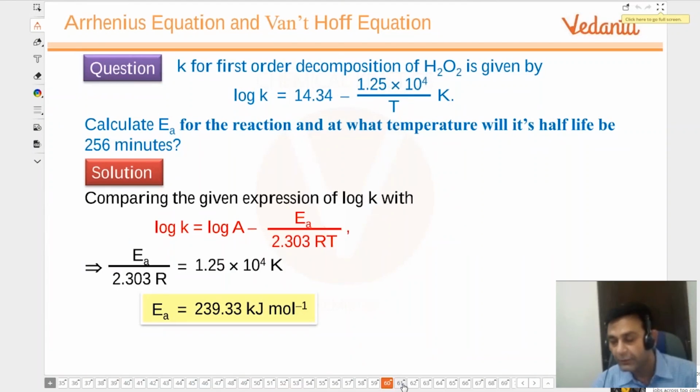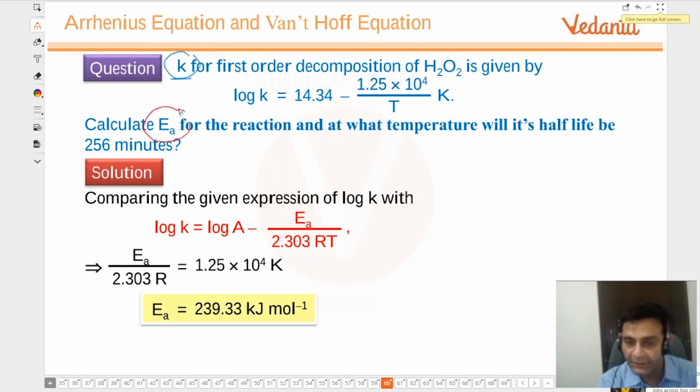Now, basically on this same topic, we can discuss a number of questions here, right? Let us see this question now. The rate constant K for the decomposition of H2O2 is given by this value.